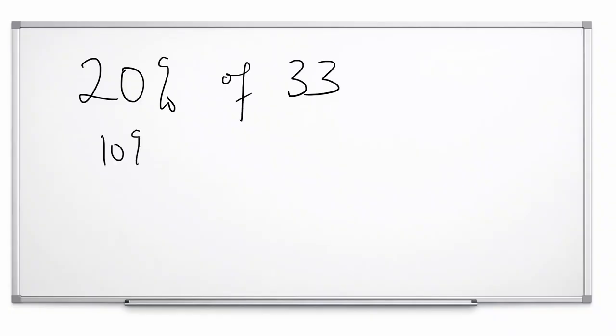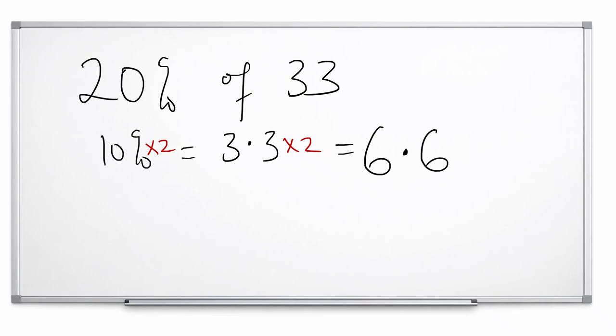It means you have 20% of 33. Recall, what is 10% of 33? Which is 3.3. So to get 20%, you multiply this by 2. And this is going to be 6.6. Can you see that? Yes. And this is going to take us to trick number 4.